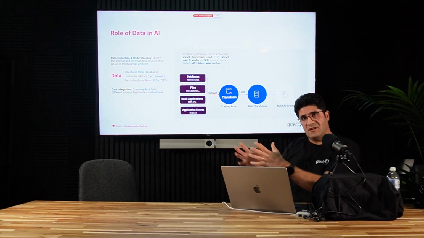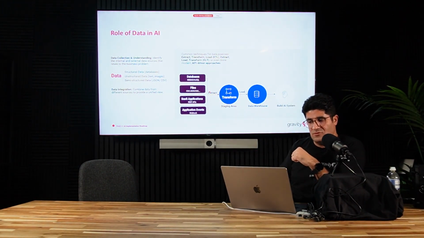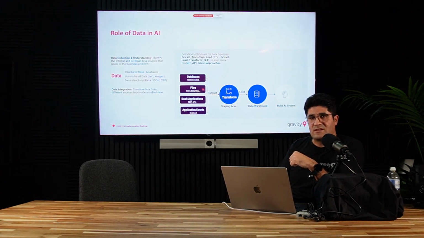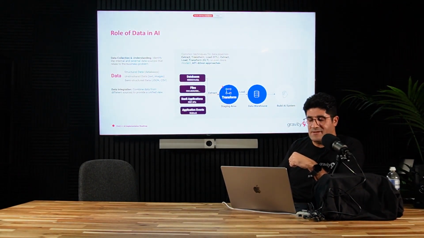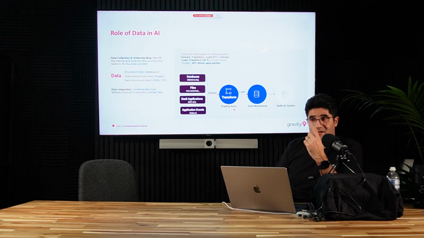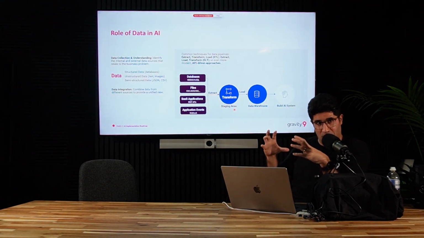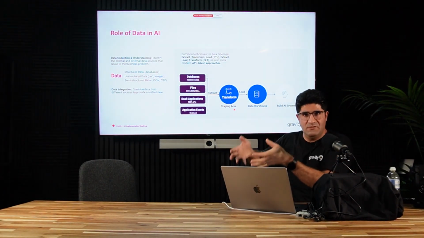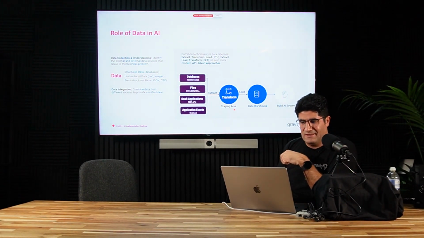Then we can extract these. In fact, we need to develop code or create a system that can extract all the information from different sources, then pass them to a staging area. A staging area is a place where we load everything and then run a transformation.